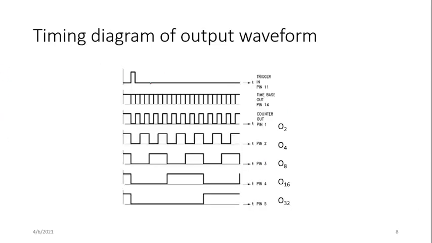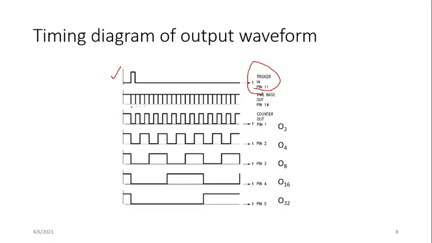Here in the diagram, the trigger input is given. This is the trigger input, the first one. Here it is given. Okay. And then the time-base output is generated. So once the trigger input is given, these time-base pulses are generated. This is first, this is second, then third, then fourth, like that.